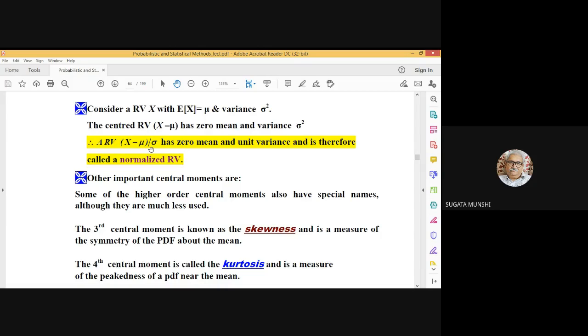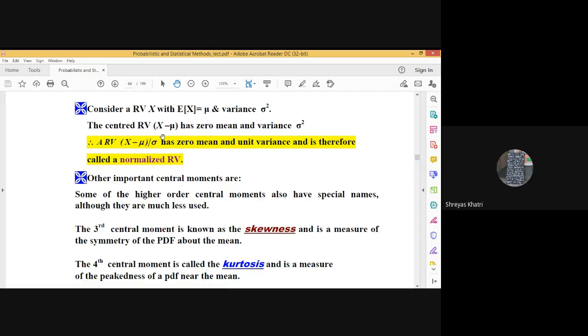X minus mu by sigma gives a normalized random variable. Then you refer to the table corresponding to that normalized value and you get some probability. So that is one of the important uses of this normalization.